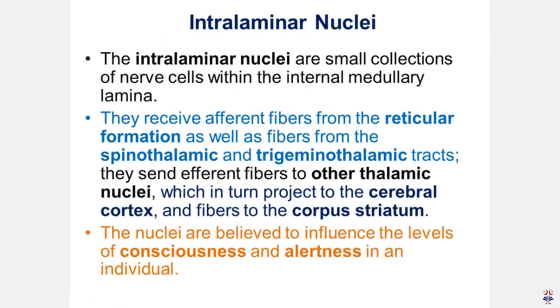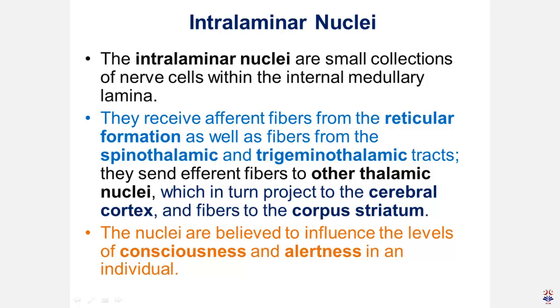First we see the intralaminar nuclei. These are small collections of nerve cells within the internal medullary lamina. These nuclei receive afferent fibers from the reticular formation as well as from the spinothalamic tract and trigeminothalamic tract.